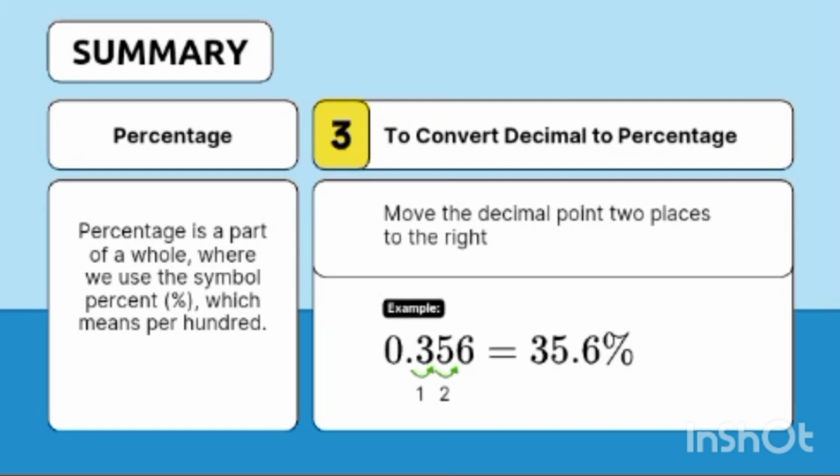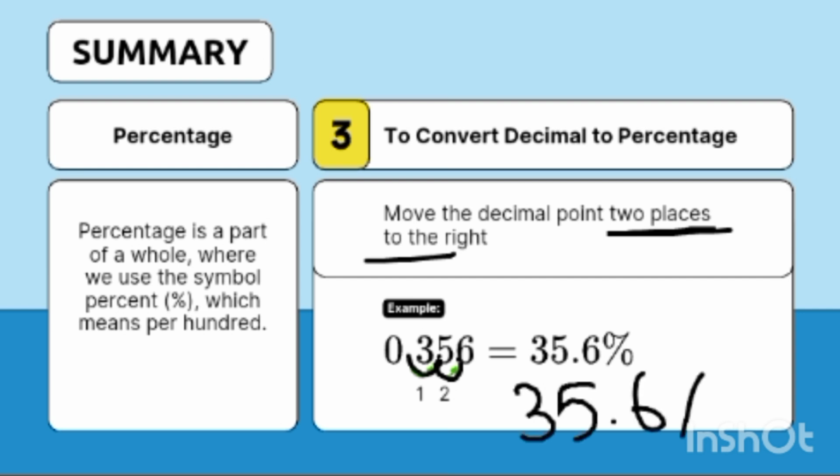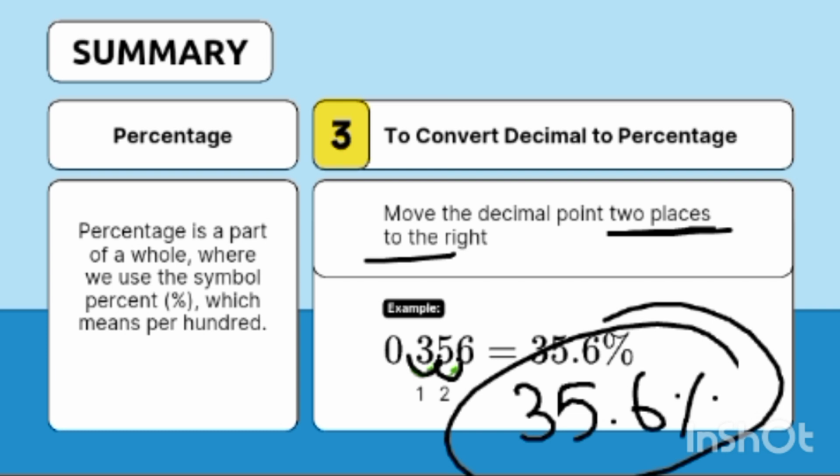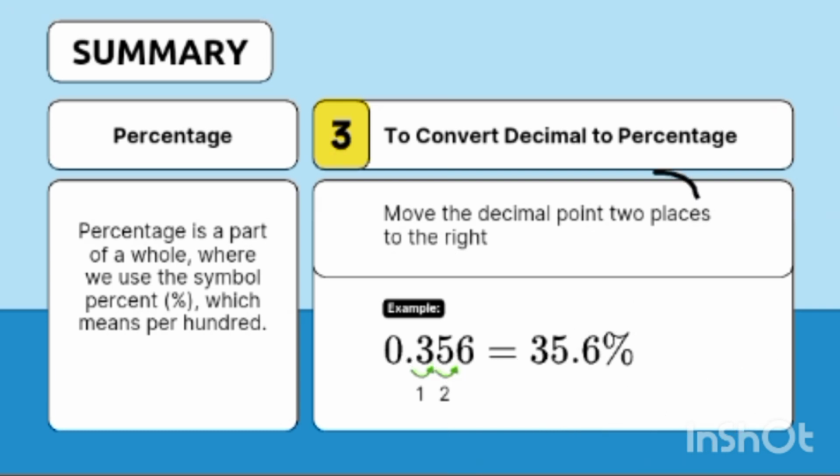Then we have summary number 3, which is percentage. Percentage is a part of a whole where we use the symbol percent, which means per hundred. To convert decimals to percentage, we just need to move the decimal two places to the right, like 1, 2. You only need to move two places, not 3, 4, 5.